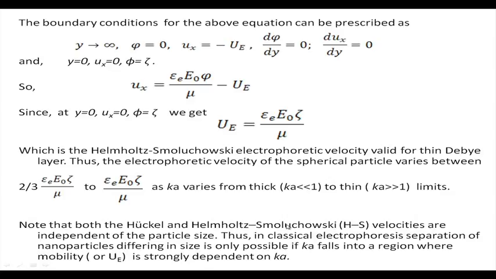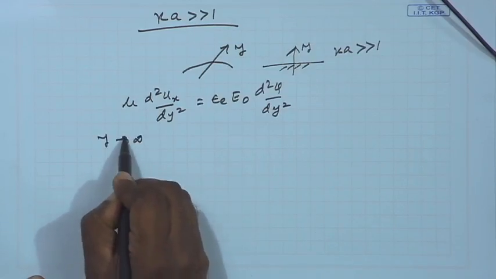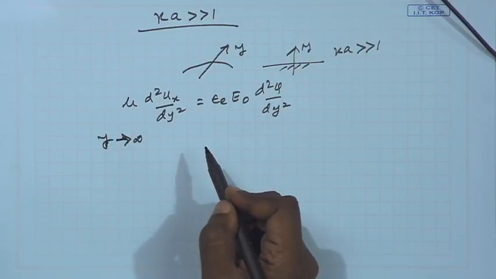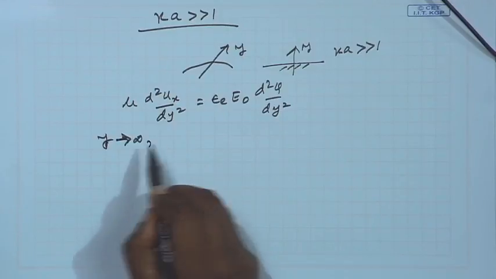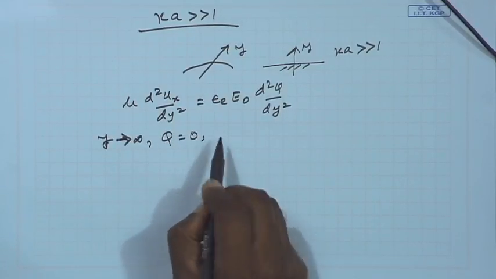So, we can impose the boundary conditions as this: y tends to infinity, that is far away from the surface of the particle, well within the electrically neutral fluid, we should have phi equal to 0.